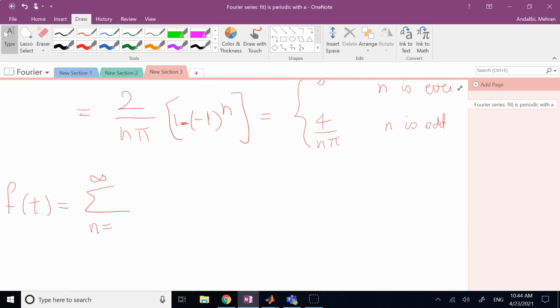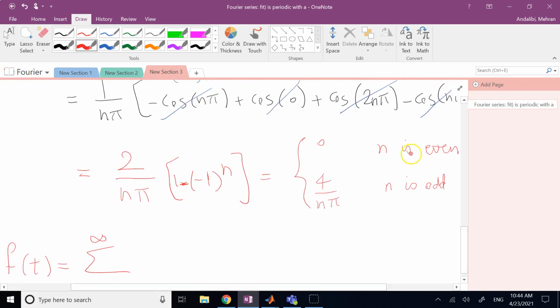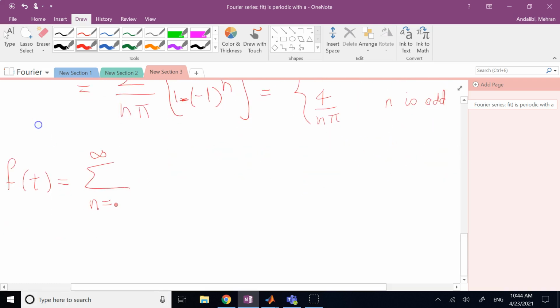So yes, here you say it goes from 1 to infinity, but it should exclude even numbers. So it is going to be like 1, 3, 5, and so on. Or you can write it as 2i minus 1, correct? So you have to make sure it only includes odd numbers.